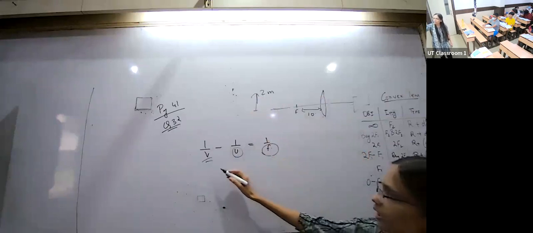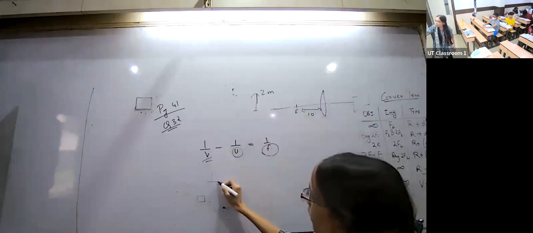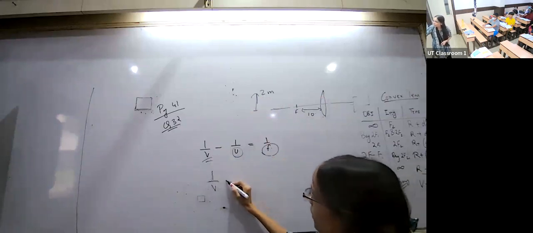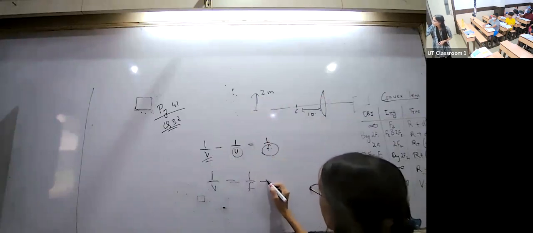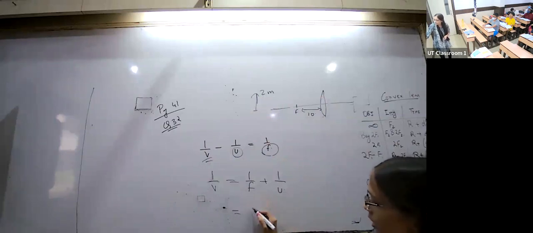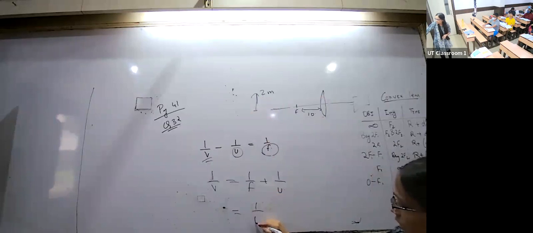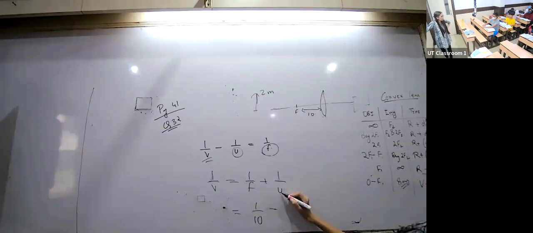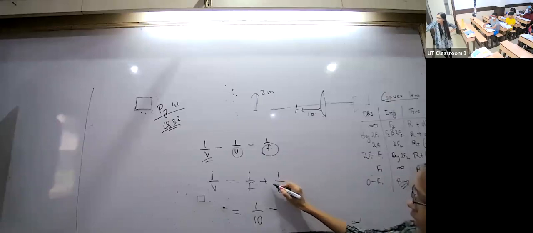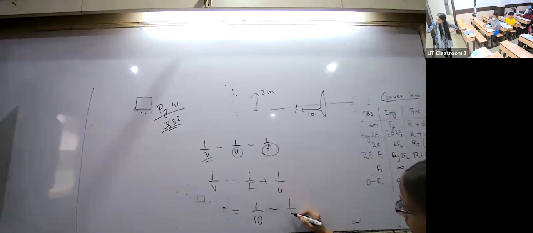So reasoning चाहिए तो उसके लिए हमें क्या चाहिए? 1 by v. 1 by v ढूंढ रहे हैं हम because हमें image चाहिए. So it is 1 upon f plus 1 upon u, right? In first case, this is what? This is fixed. 1 by 10. This is fixed. So what is this value? u is always what? Negative. So if I put only number, the negative sign will become what? Minus over here.